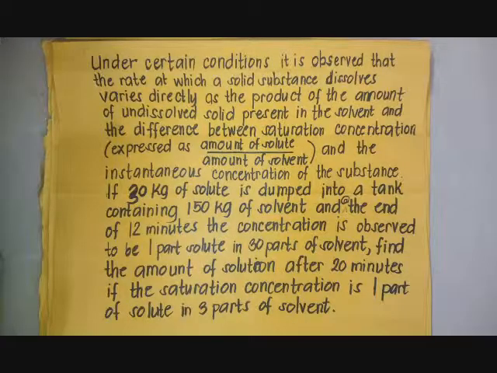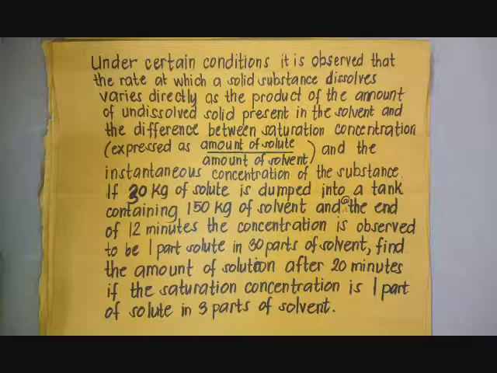So, we have an example here. Under certain conditions, it is observed that the rate at which a solid substance dissolves varies directly as the product of the amount of undissolved solid present in the solvent and the difference between the saturation concentration, which is expressed as amount of solute per amount of solvent, and the instantaneous concentration of the substance, which is expressed as amount of solute per amount of solvent.